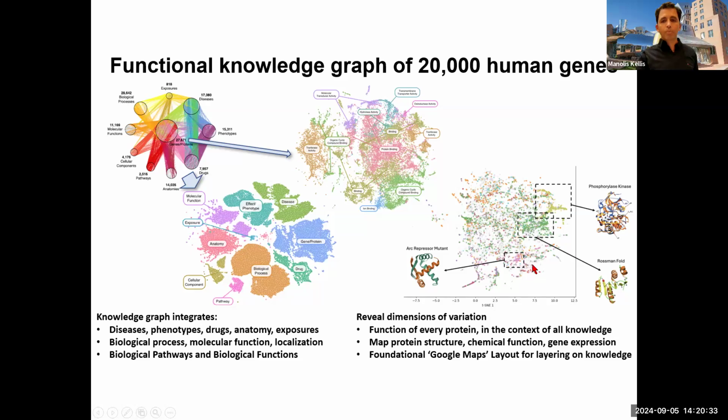And now you can take protein structure and say, hey, does protein structure correlate with where different genes end up in this latent space based on this knowledge graph that knew nothing about structure? And you can learn a multimodal representation that starts translating back and forth between function and structure.